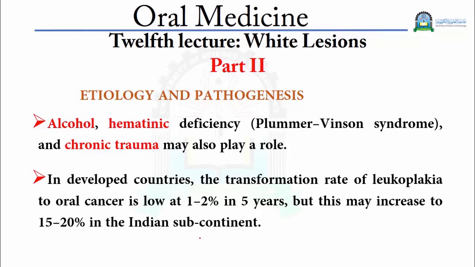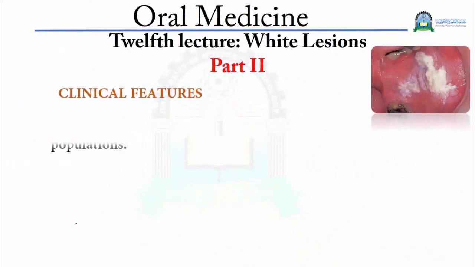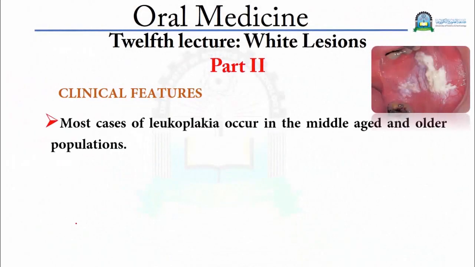In the developed countries, the transformation rate of leukoplakia to oral cancer is low, about 1 to 2% in 5 years, but this may increase in the Indian subcontinent, where about 15 to 20% are associated with malignant transformation of leukoplakia lesions.